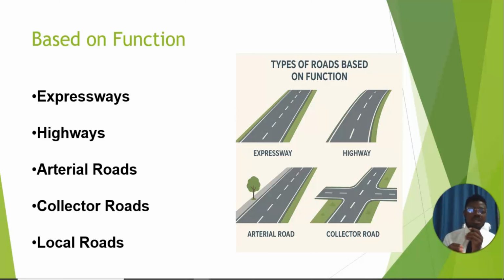For the arterial roads, they connect expressways to local roads, like I said. Then for the highway, there are major routes for long distance travel, and that is where we tend to have traffic intersections. The expressway is a high speed road with controlled access, and you do not find at-grade intersections there.